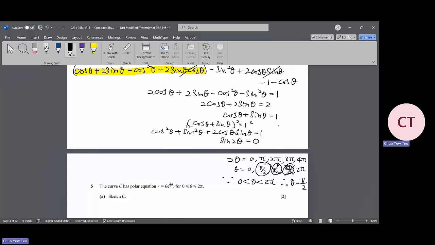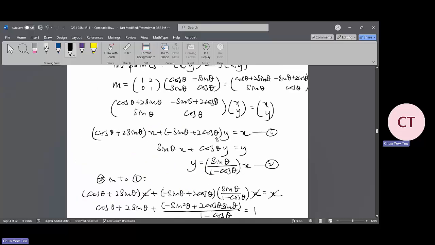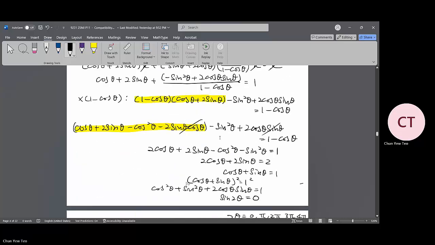If you replace theta equal to pi inside, it will not give you 1. If you replace theta equal to 3 pi over 2 over here, it also will not give you 1. Only the pi over 2 will give you 1. So therefore, the answer is only pi over 2. That's all. So this is the answer for number 4B. Okay, done.